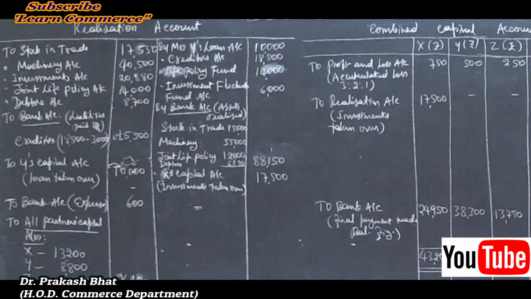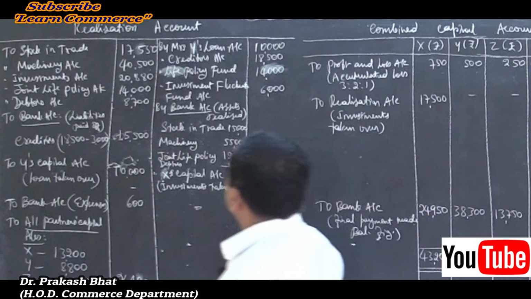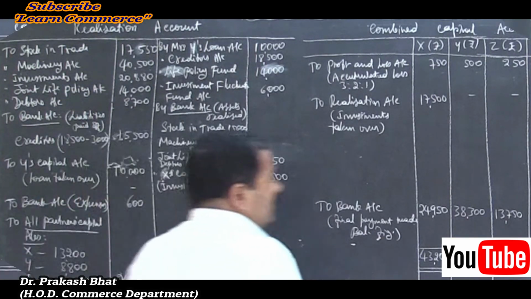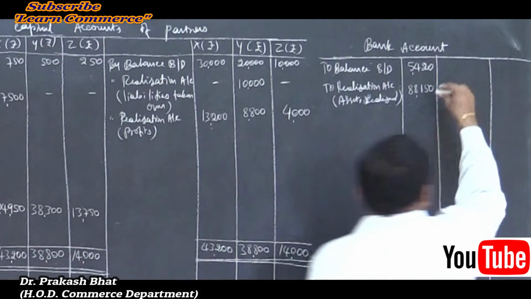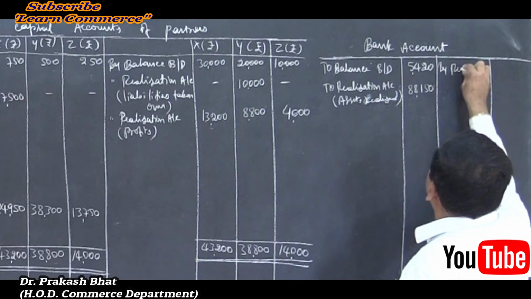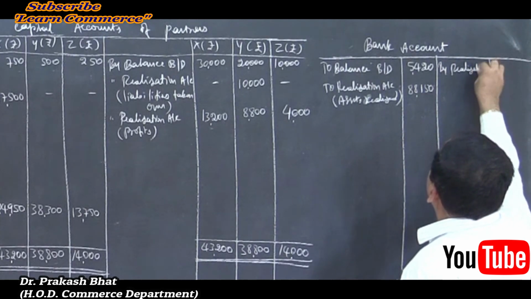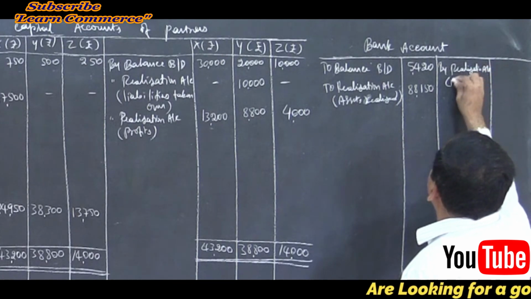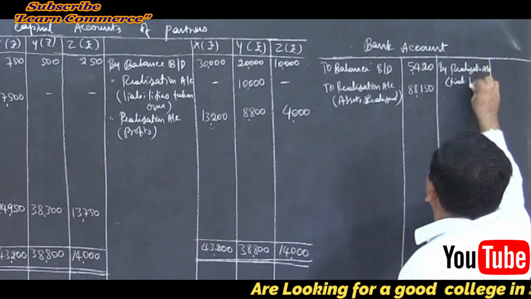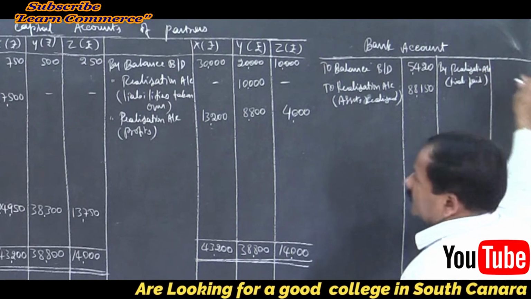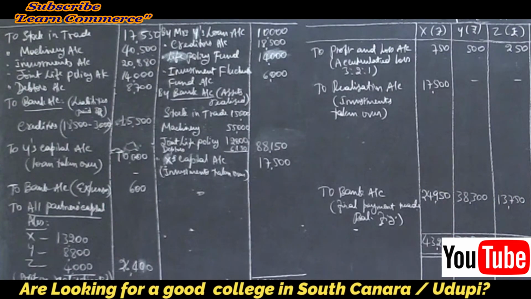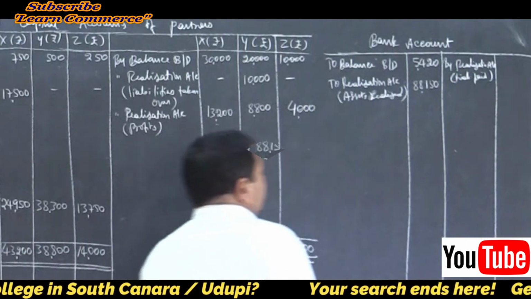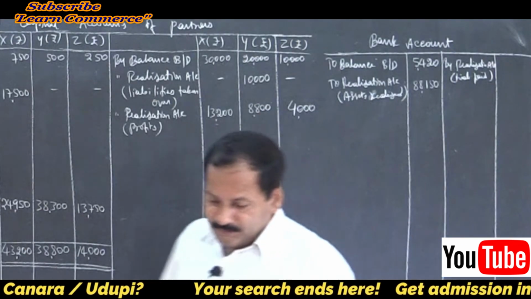Then anything else is received? No. Then liabilities are paid off, so bank account is credited by realization account, liabilities paid. How much? 15,500, right?